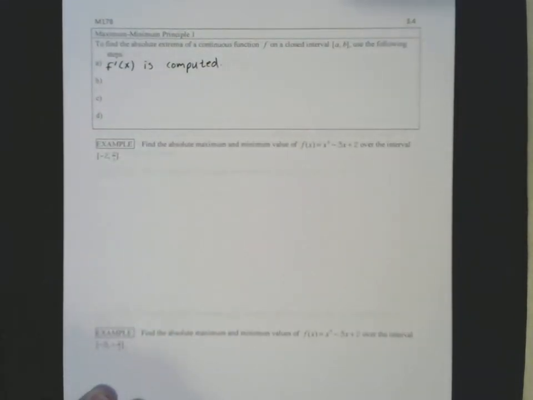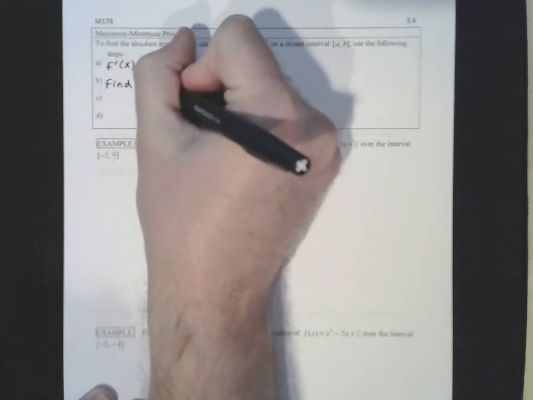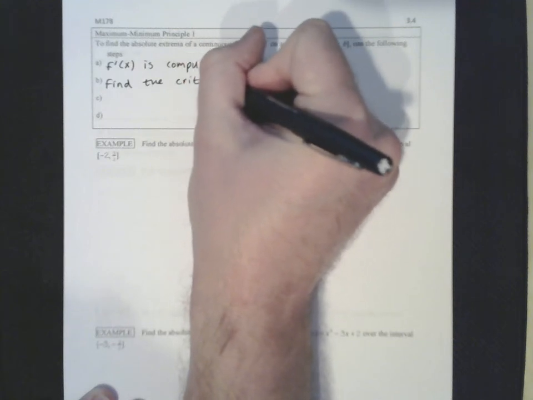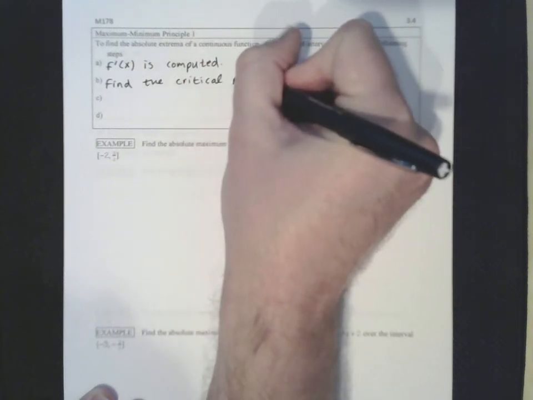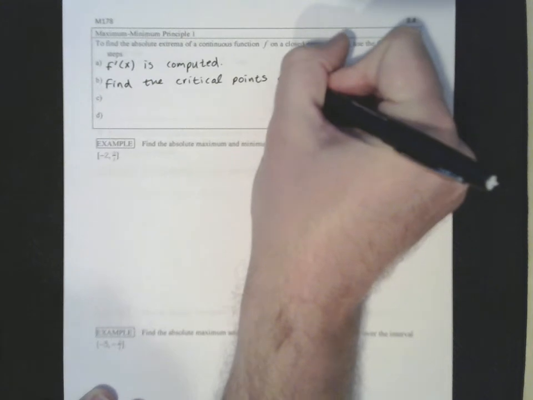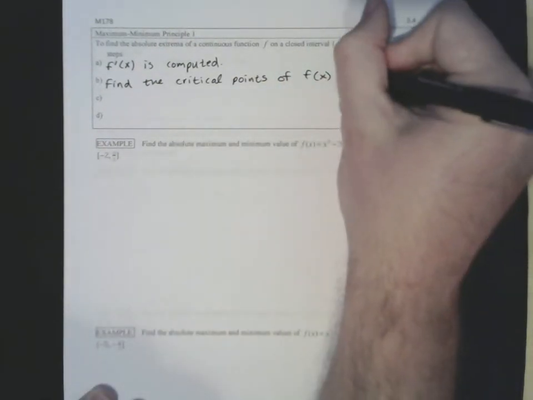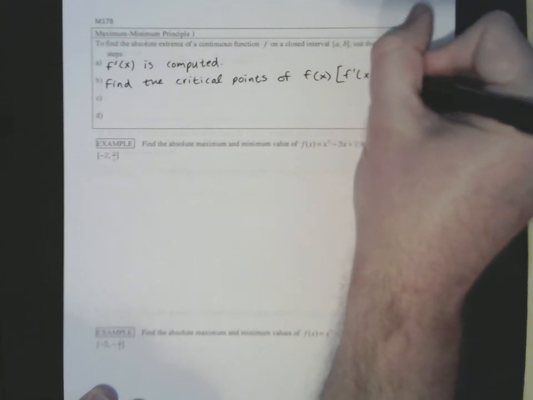So take your derivative. Second, find the critical points of f of x. Remember, that means f prime of x equals 0.